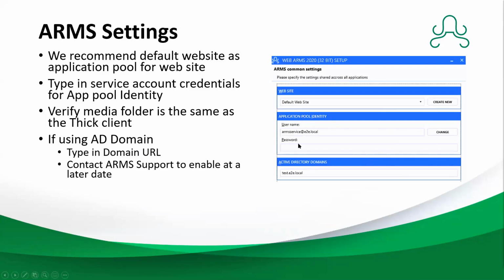And then you'll want to verify your application pool ARM's service account credentials and then type in any Active Directory domain that you have. So it's pretty self-explanatory. Just you have to confirm everything is correct. And like I said earlier, if you aren't for sure for Active Directory, we can always come back and enable that later.